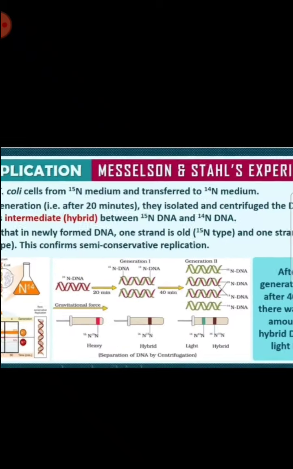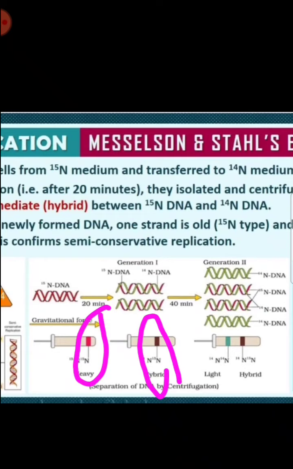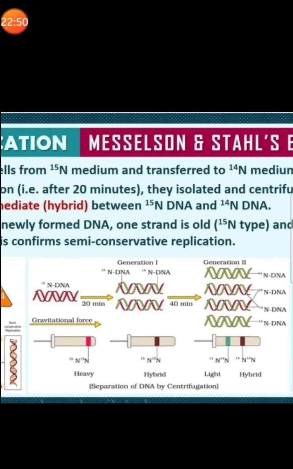As you can see here, N15 should be heavier, so it should settle near here. N14 is lighter, so it should be here, but here it is, see, this is hybrid, N14 and N15, in between.